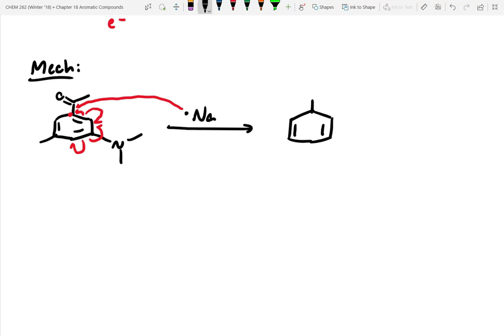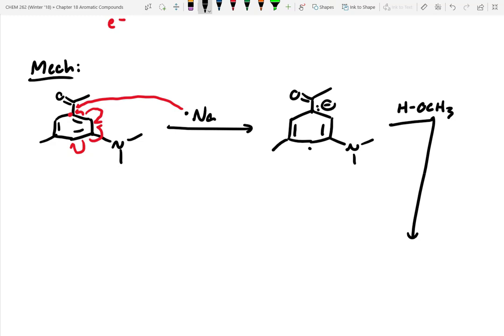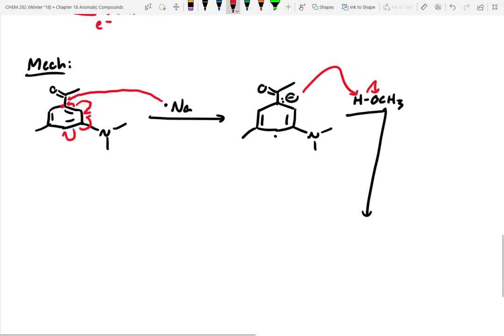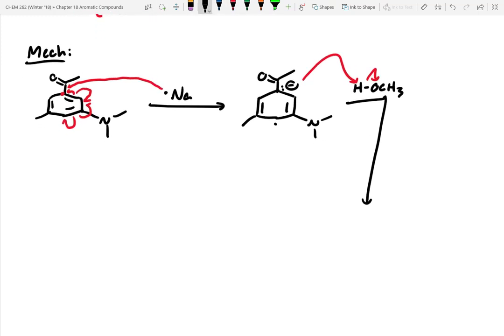Okay, so now we've got almost to our final product. We've got a lone pair up here, an unpaired electron down here, still have our substituents coming off. And then in step 2, we know we can steal a proton from our solvent, which in this case is methanol.